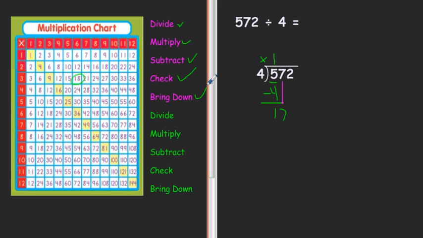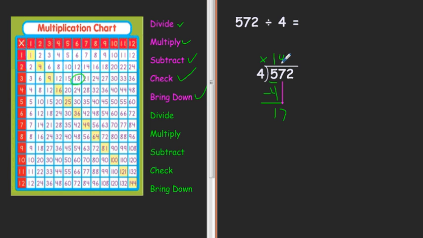Now I have to do this step again. Divide. So now I'm going to divide 17 divided by 4. Now I'm going to look at my chart, my multiples of 4. 20 is bigger, so I can't use that one. So 16 is smaller. So 4 times 4 is 16. So I'm going to put a 4 up here.